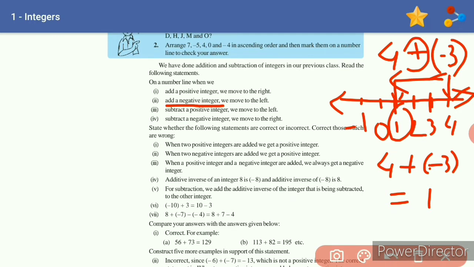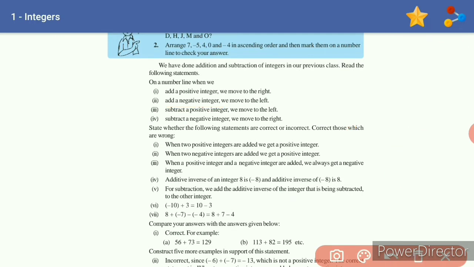Next, if I want to subtract a positive integer, so let us subtract a positive integer. So 3 minus 2. Is 2 a positive integer? Yes, and I want to subtract it. So what is our rule? Subtract a positive integer, we move to the left.